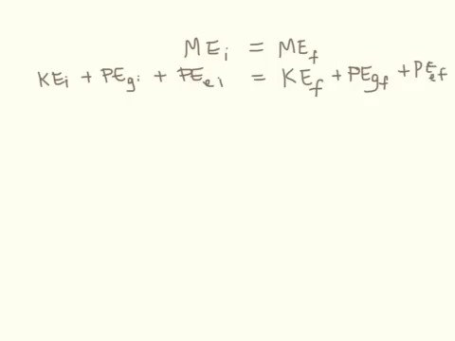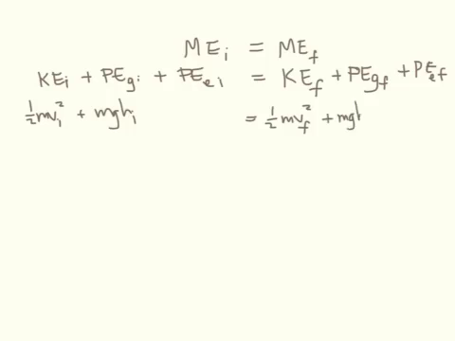But we could even go farther than that. We know the formula for kinetic energy. So we could replace this with 1/2 m v initial squared on the left, and 1/2 m v final squared on the right. We know the formula for gravitational potential energy. It's mgh. So we put m g h initial, since the height can change.